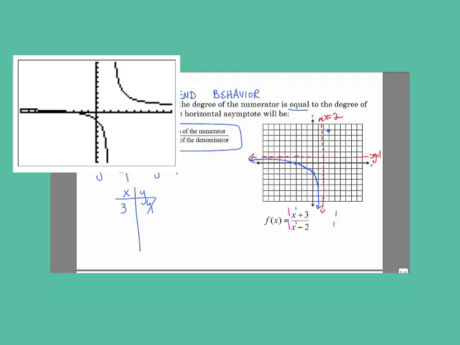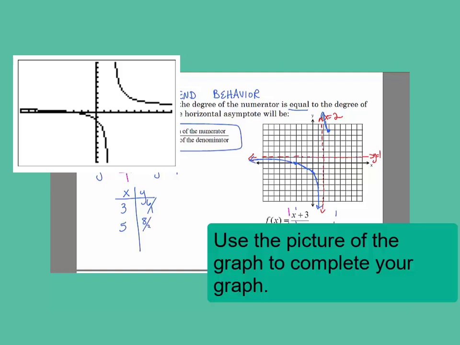As we plot this point, it indicates the graph is going way up along the vertical asymptote. Let x equal to 5, and we get y equal to 8/3. Now we can see the graph is decreasing and is approaching the horizontal asymptote, the end behavior of the graph. This is a good sketch.